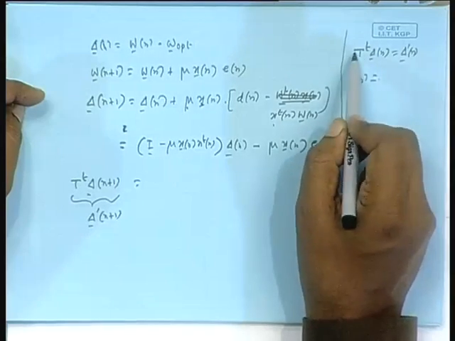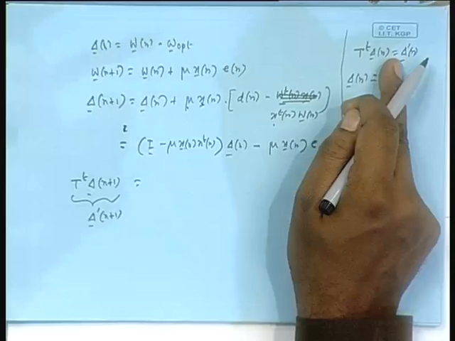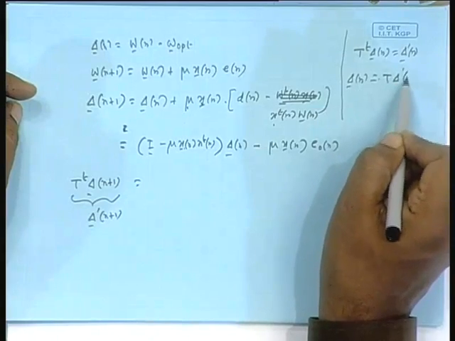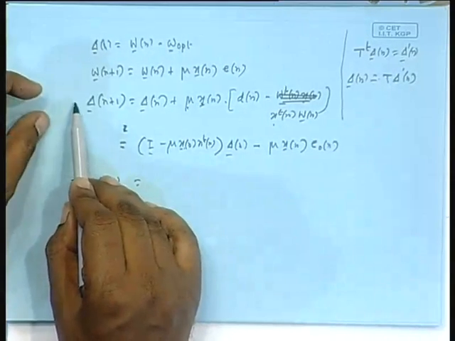T transpose, you take it on this side, the inverse of that is T only. T transpose is unitary, isn't it? Okay. So here I am multiplying from the left-hand side by T transpose.